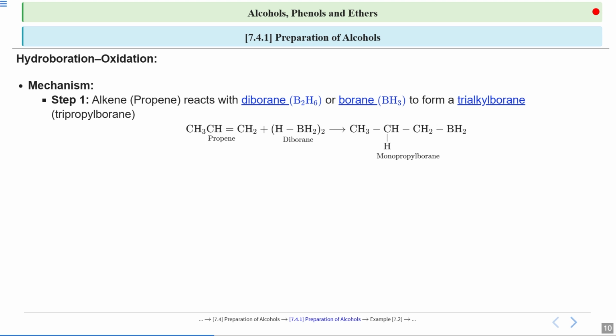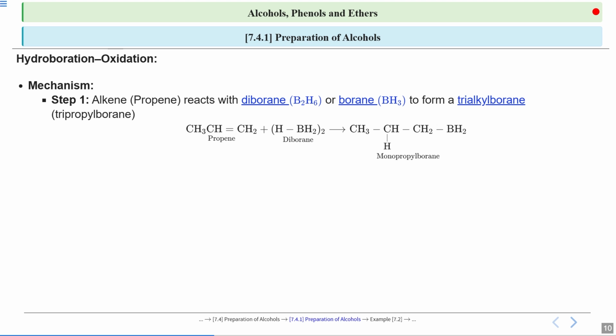So reacting propene with the diborane, what will happen? The double bond will be removed. The hydrogen from the diborane is going to attach on the double bonded carbon which is having more number of hydrogens, because the addition will happen via the anti-Markovnikov rule, which is opposite of Markovnikov.